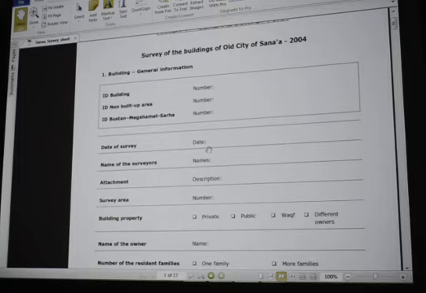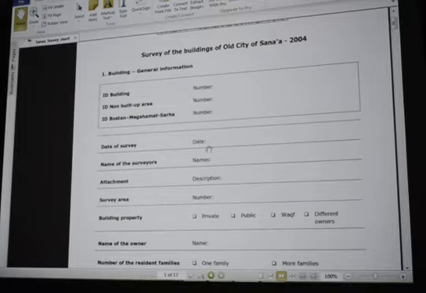Each quarter has a number, A, B, C, D, or 1, 2, 3, as you like. Within the quarters, we identify the blocks, and every block has as well a number, a letter, or whatever. Then within the block, every building has a number. So we have the quarter, the block, and the building.